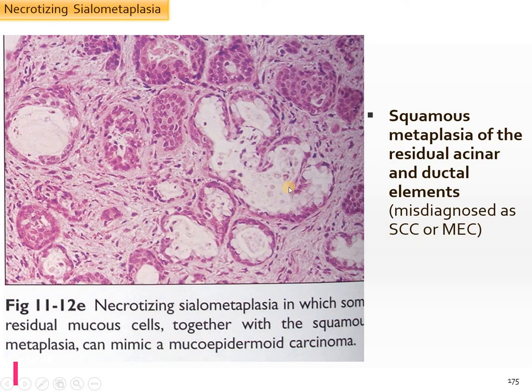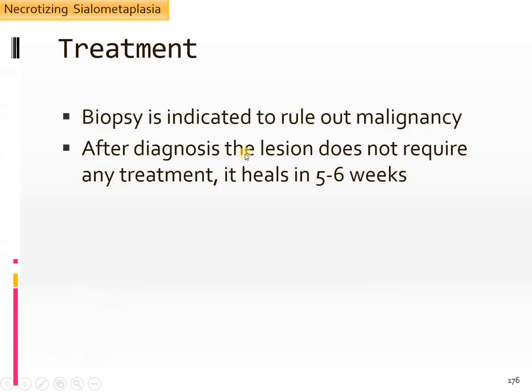It can have some clear cells which resemble mucous cells, and we did discuss mucous cells in mucoepidermoid carcinoma, so it may be misdiagnosed as mucoepidermoid carcinoma. Usually you take a biopsy to rule out malignancy. After the diagnosis, the lesion does not require any treatment and heals within 5 to 6 weeks. So it's an important differential diagnosis for squamous cell carcinoma as well as malignant salivary gland tumor.